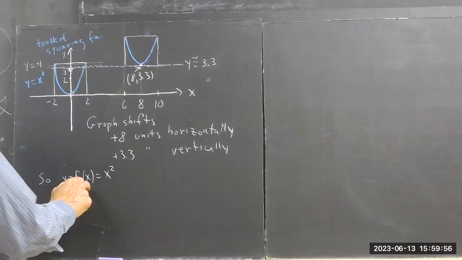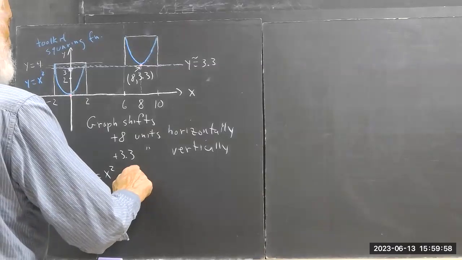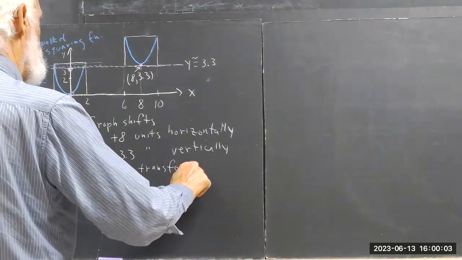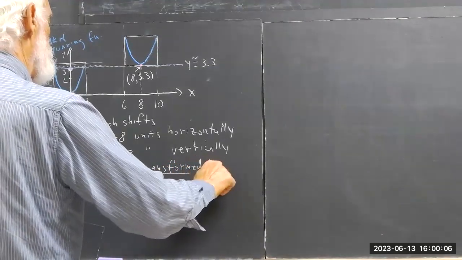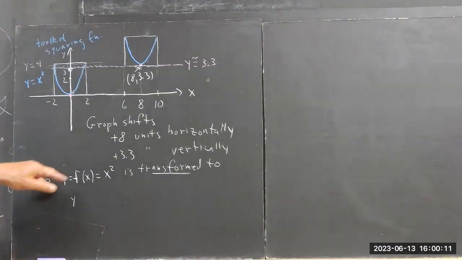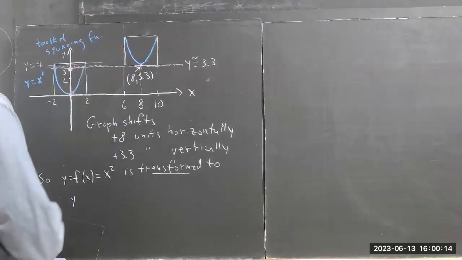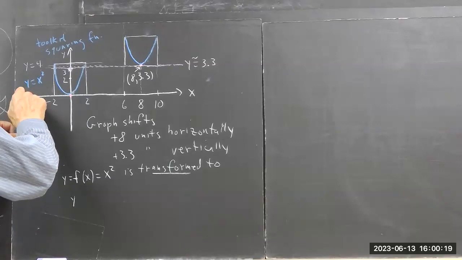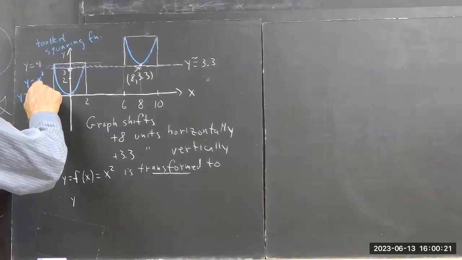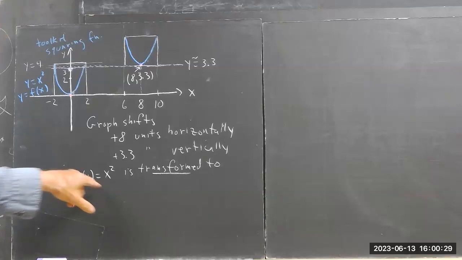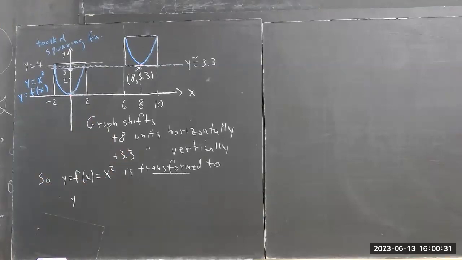So my function y equals f of x equals x squared. Okay, we're going to call this f of x. We're going to call this one g of x. So this is y equals f of x. And of course, this is y equals x squared, so f of x equals x squared. And I've got all that written in this equality here.